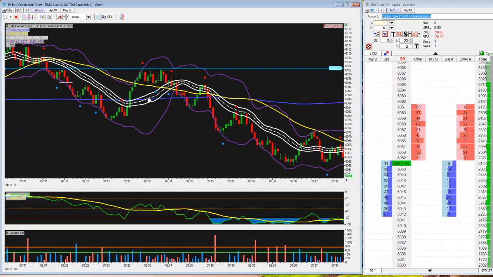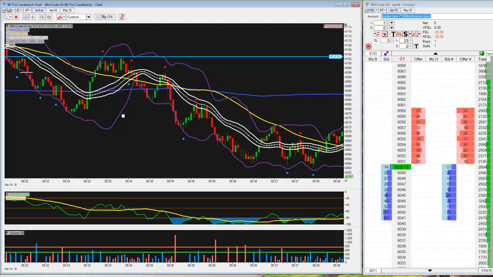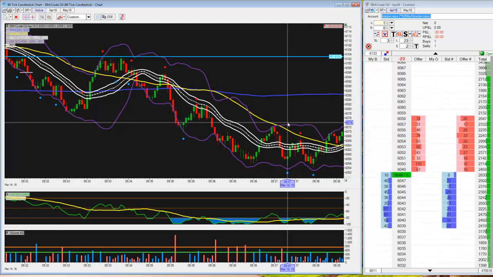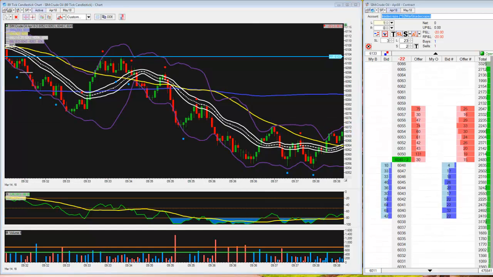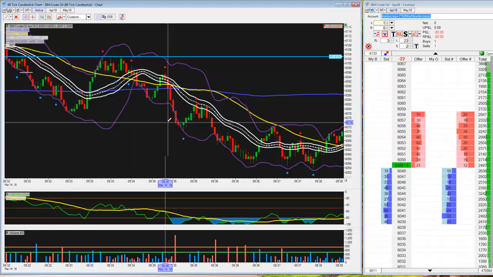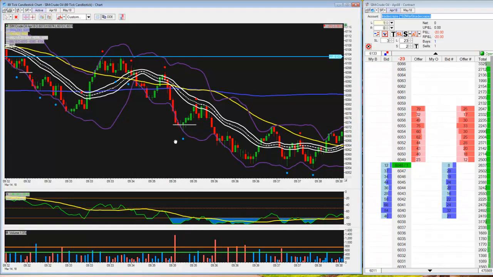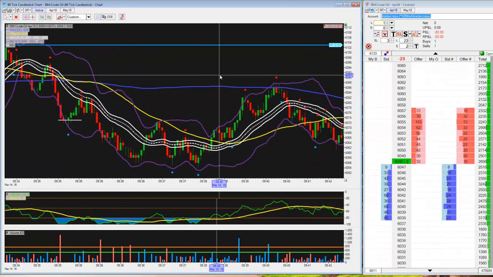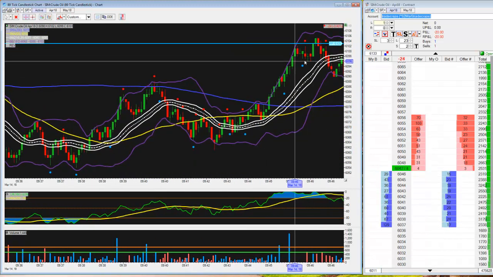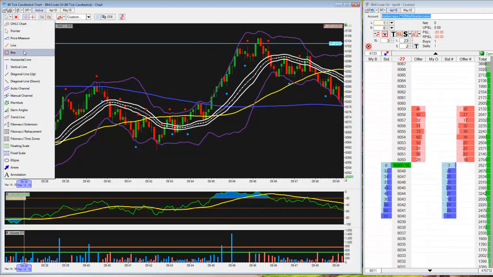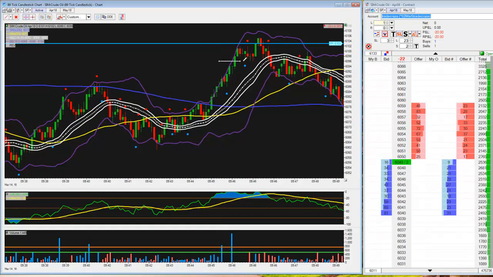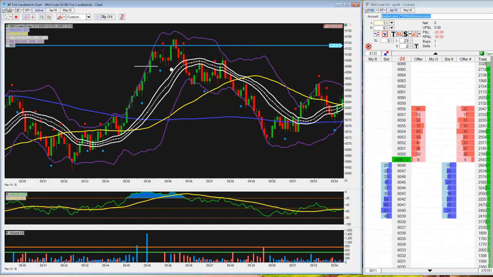No. 60.73 would have been 1p, and that would be our break-even area. Didn't come back to it. It did right there. Out at break-even. So trade 1 break-even.